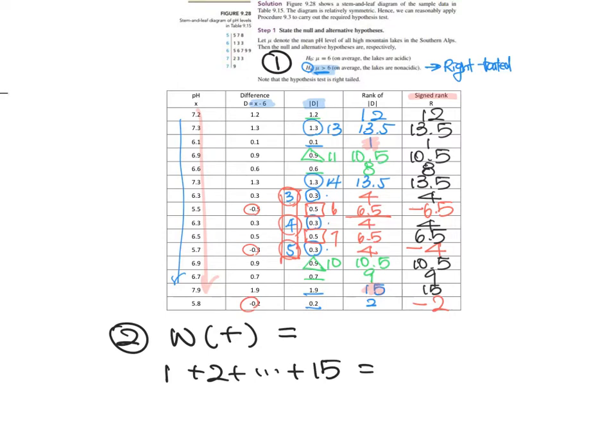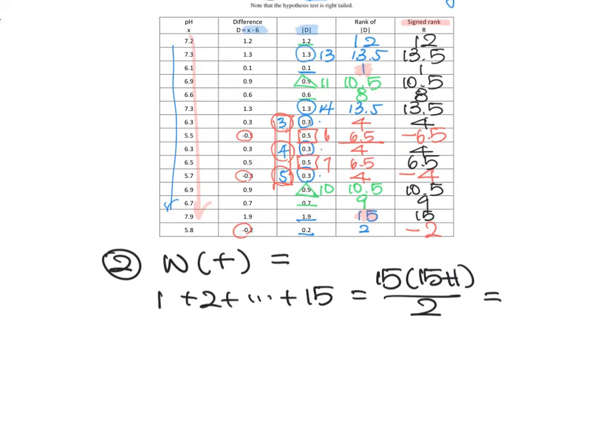The sum of all ranks from 1 to 15 is 15 times 15 plus 1 over 2, that will be 120.